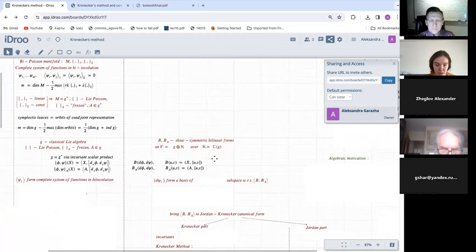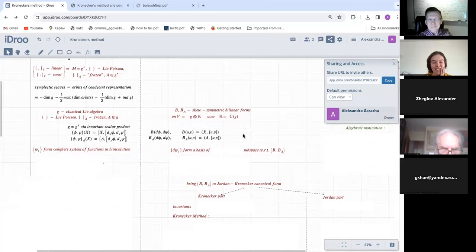Now we can see that these brackets correspond to skew-symmetric forms on this vector space over this field.